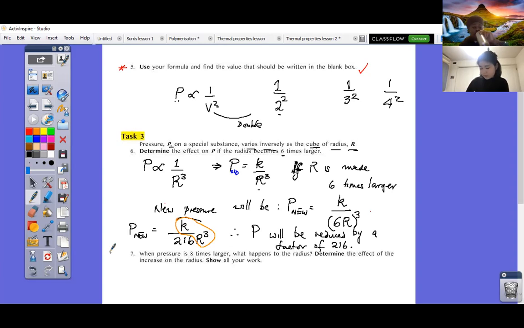You start the equation again with 8P is equal to K over R cubed. Determine the effect on the radius. Show your work.